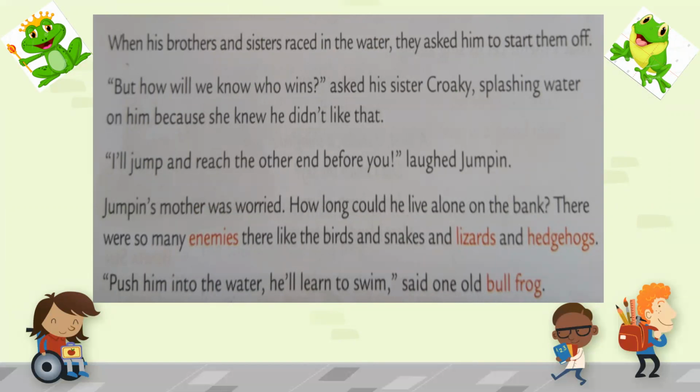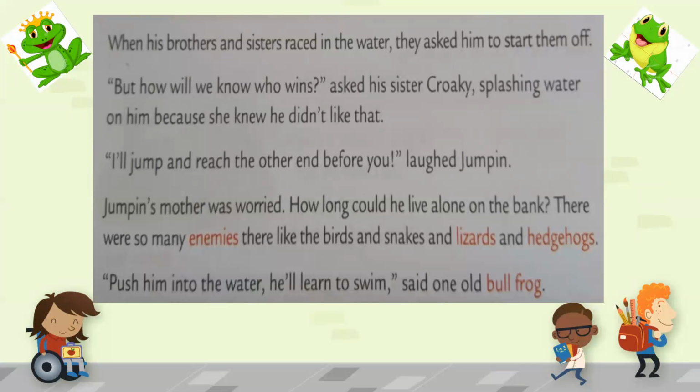So this Jumpin, as he did not like to swim in the water, he always remained on the land. So whenever his brothers and sisters were conducting a race in the water, and whenever they wanted to start off, his sister would raise a question. Sister's name was Croaky, and she used to ask that if everyone is inside the water, who will find out who has won the race?